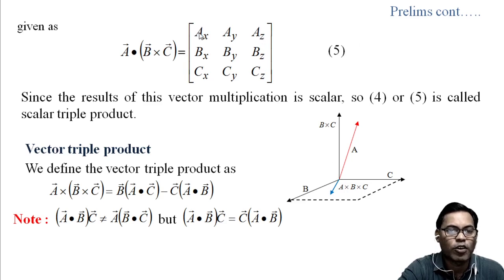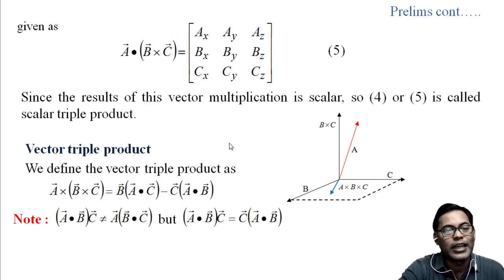You can see the components of a, b and c, and from that we can easily find the scalar triple product. And as I said earlier, the result we get here is a scalar, which is why it is called the scalar triple product.